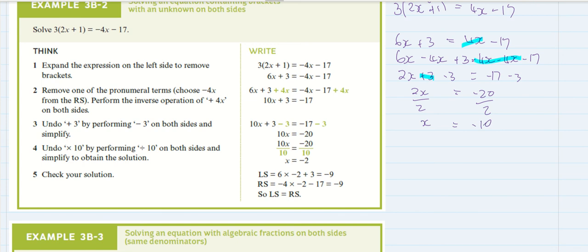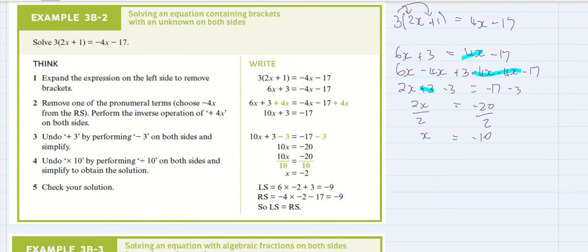Let's just substitute into the equation, just to make sure that we're on the right track. So 3 times 2 times negative 10 plus 1 equals 4x take 17.